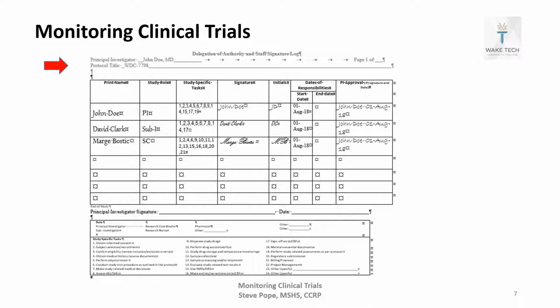Now that may appear in the footer of this document, but at the very least, we should have the principal investigator and the protocol title in our header information, and we'll probably have information about the site itself, maybe the site number or the site address. So you may see that information in the header as well.